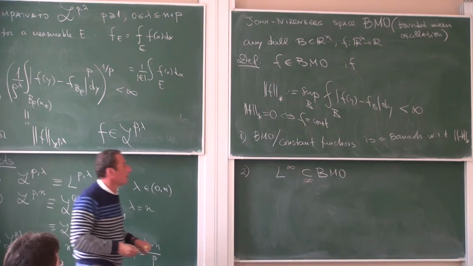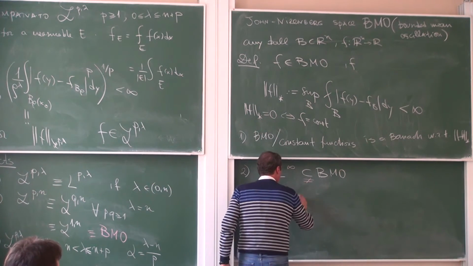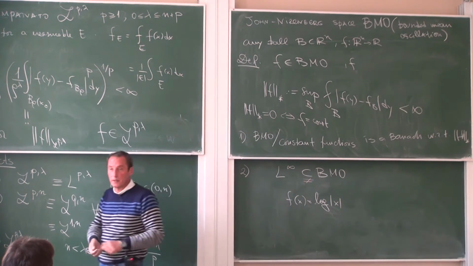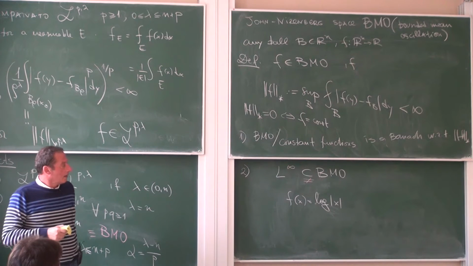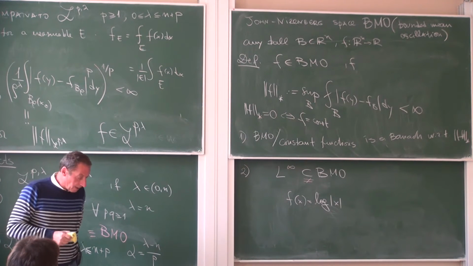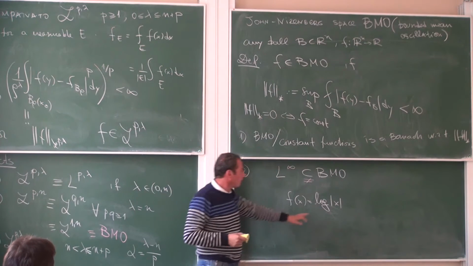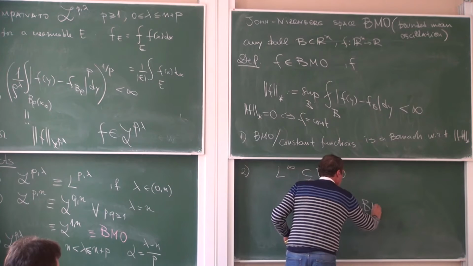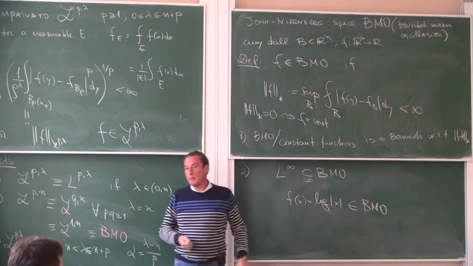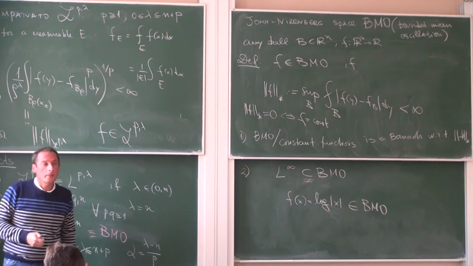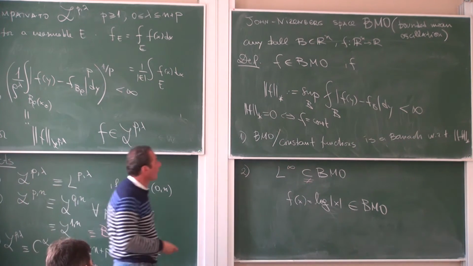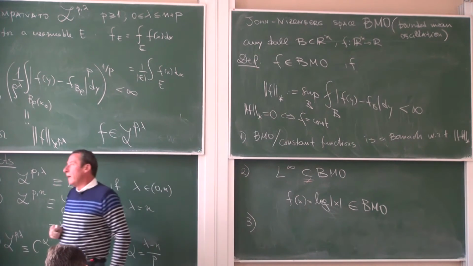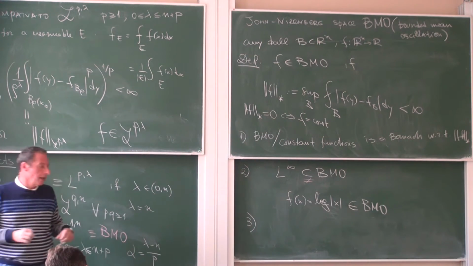And you can see this, for example, considering this function, the logarithm of the modulus of x. You can see by straightforward calculation that this function is in BMO, but it is of course unbounded. So BMO is somewhat larger than L infinity.